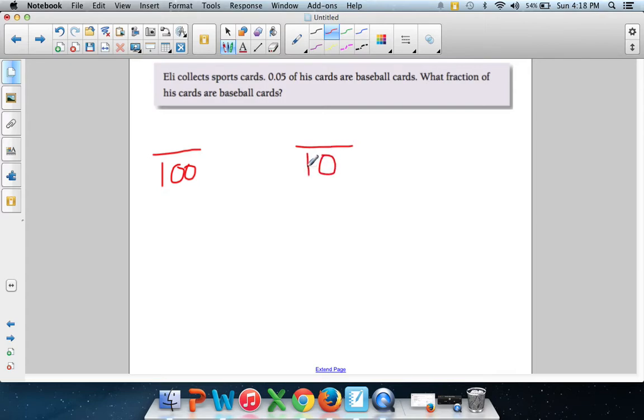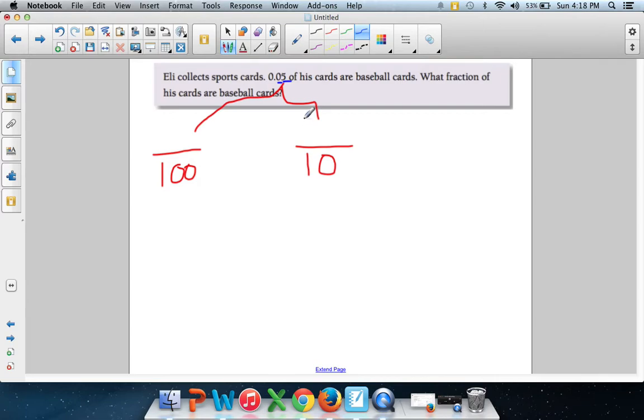The way you know which one to put it in, like, should I put the 5 there? Or should I put the 5 there? The way you know is by counting how many places there are after the decimal. Okay? You're listening? Okay.